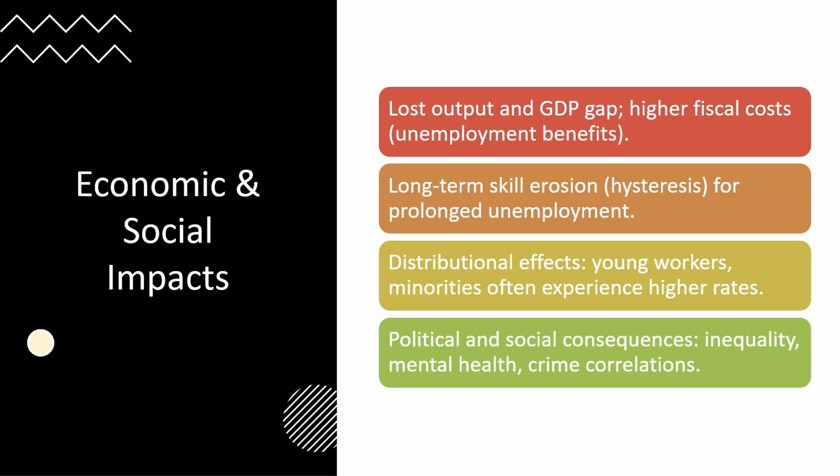And you might have higher fiscal costs, meaning if you have more people unemployed, states are going to have to maybe increase unemployment benefits, or they're going to have to be paying people when they've been laid off, and that's a cost to the local government.